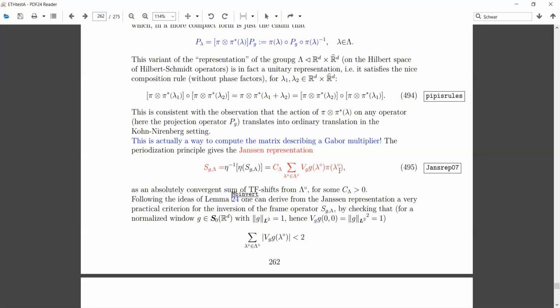And the other thing is, well, what are the coefficients? And we have seen in the Poisson formula, if you periodize a function, you just take the continuous Fourier transform and you sample on the lattice, on the orthogonal lattice.